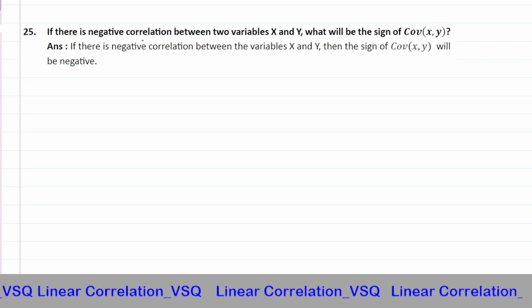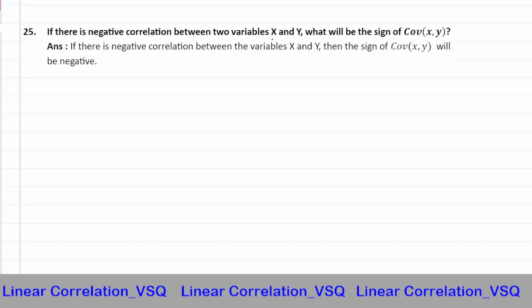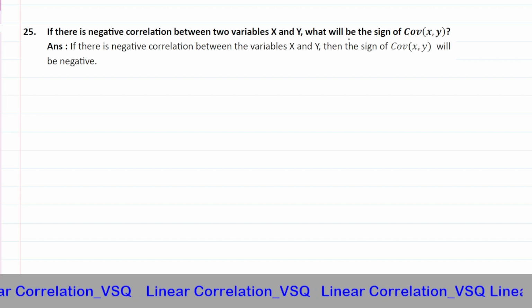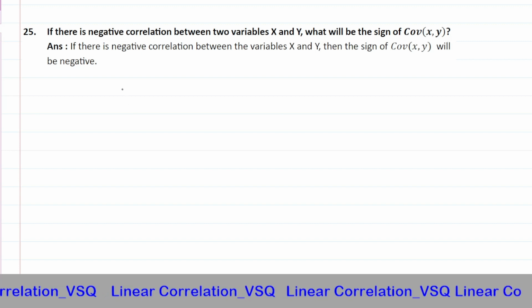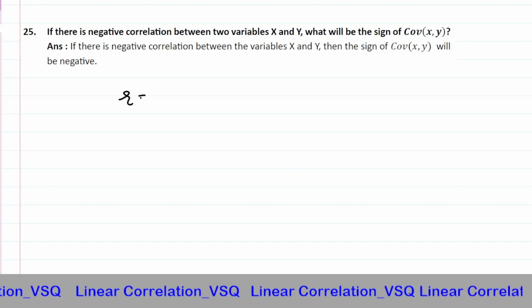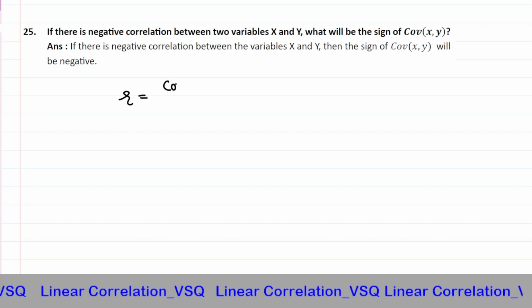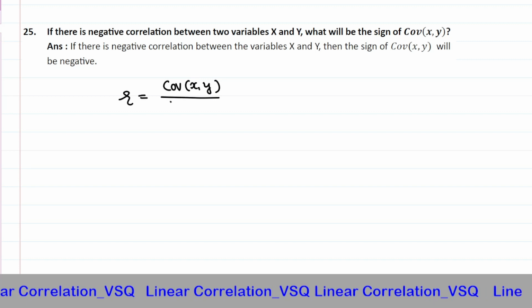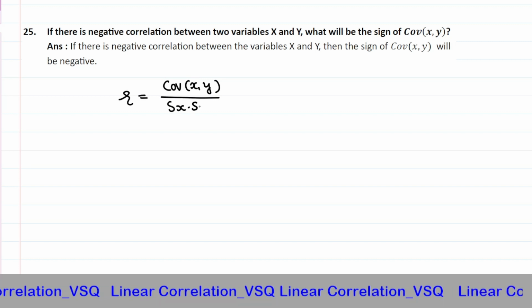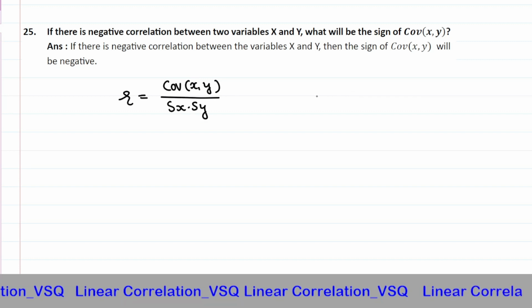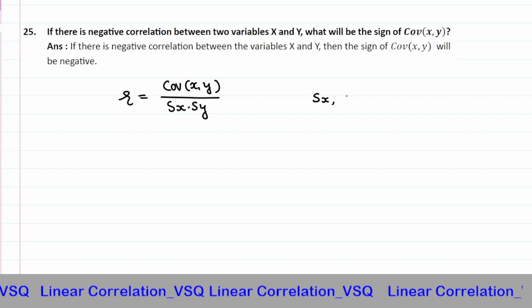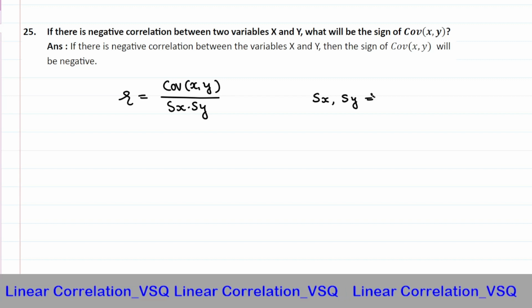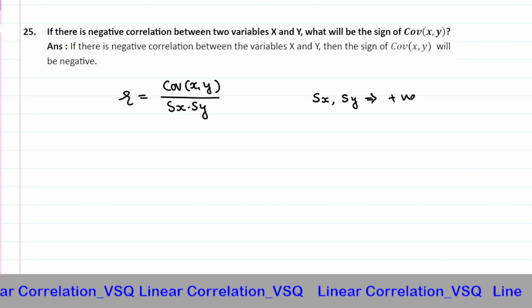Question number 25. If there is negative correlation between two variables x and y, what will be the sign of covariance? The formula of r is r equals covariance of xy divided by Sx into Sy. Earlier in the MCQ, we discussed that Sx and Sy are always positive.